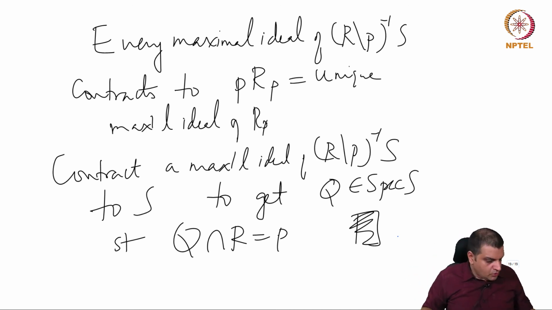Okay, so we will stop here, and we will continue in the next lecture by proving what is called the going up theorem, which is a statement about chains of primes, how they behave in an integral extension.